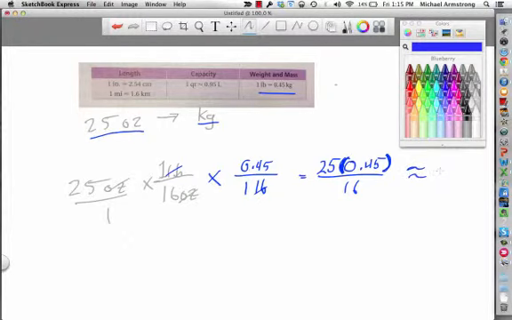And this is approximately 0.70. And it's kilograms because we got rid of our ounces, we got rid of our pounds. And this leaves us with kilograms, 0.45 kilograms.